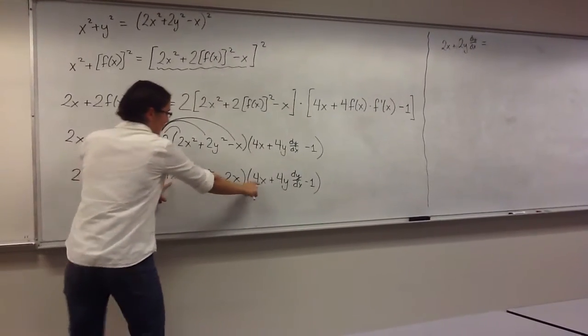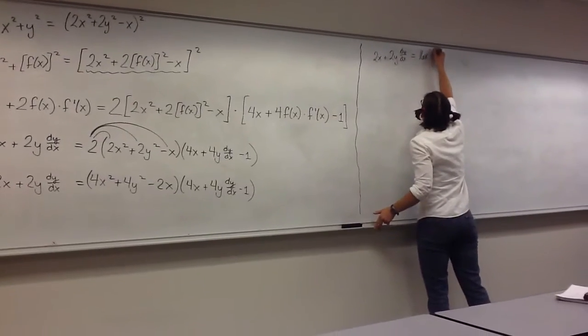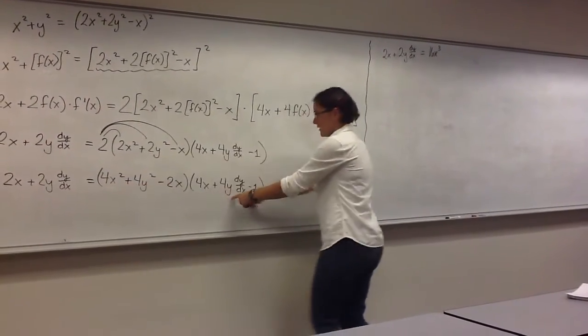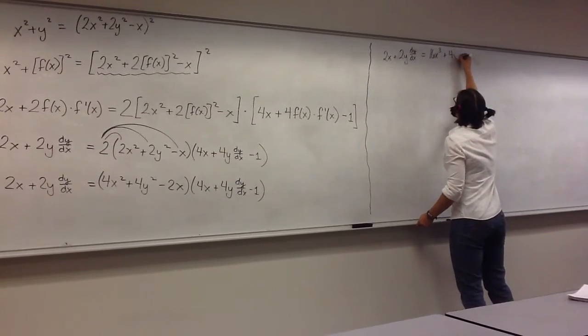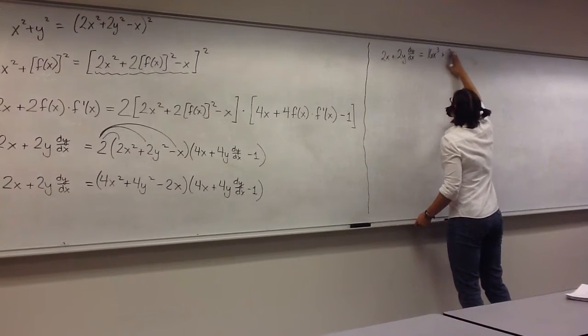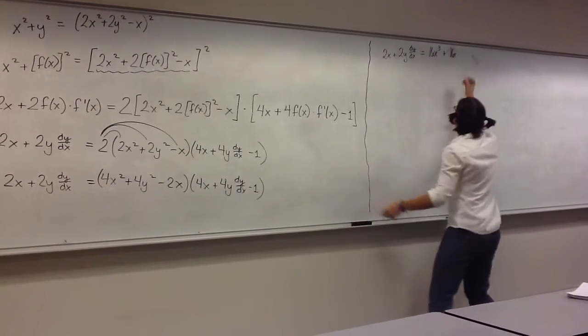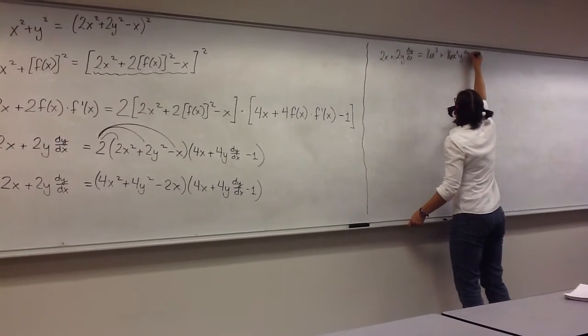So 4x squared times 4x is 16x cubed. 4x squared times 4y dy dx is 16x squared y dy over dx.